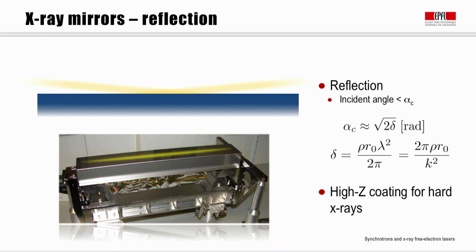Delta is itself directly proportional to the electron density ρ of the reflecting material and to the square of the X-ray wavelength, and thus inversely proportional to the square of the wave vector or photon energy. So α_c decreases as 1 upon the photon energy and increases with the square root of the electron density.